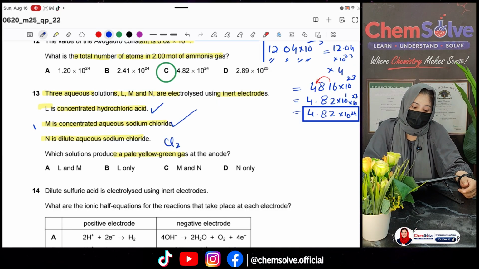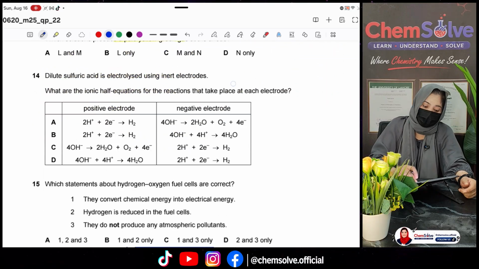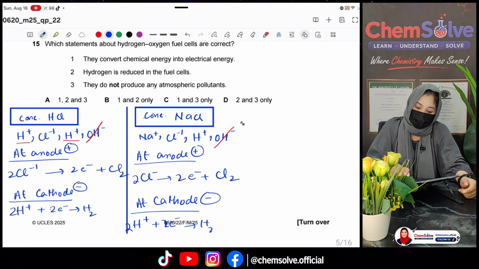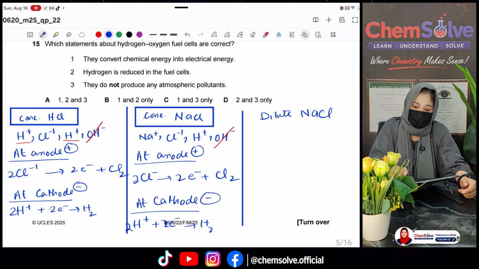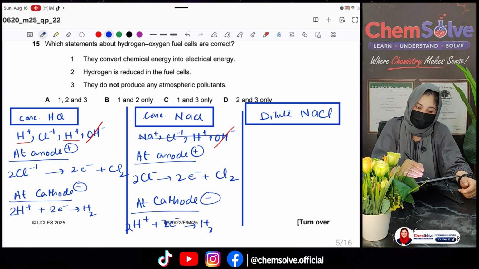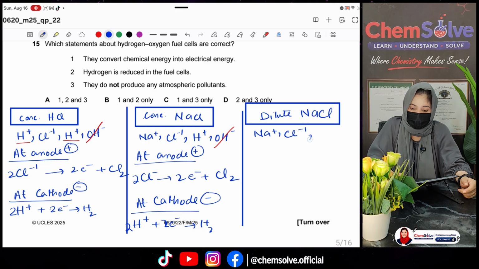Now look at dilute aqueous sodium chloride, the third one. It would have the same ions as this. So Na+ from sodium chloride, Cl−, and from water it would have H+ ion and OH− ion.